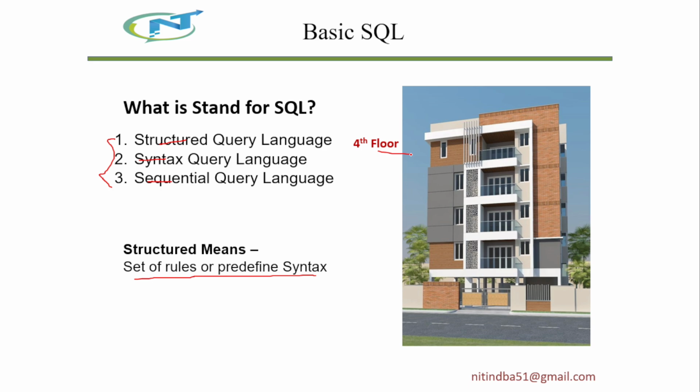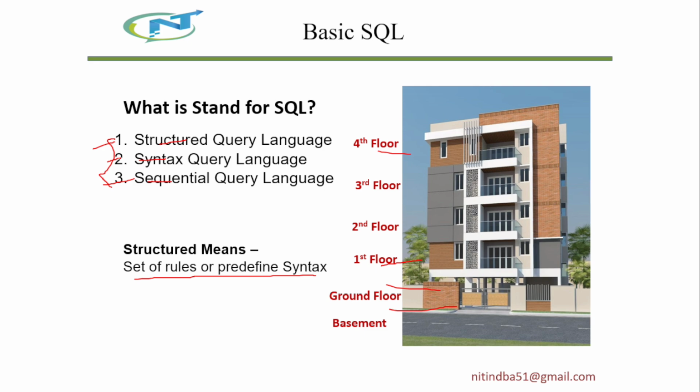Because in order to build a house, first we need to construct the basement, then the ground floor, then the first floor, then second floor, then third floor, and after that only can we construct the fourth floor, right? So in constructing a building or house, we are following some structure, some sequence, something like syntax.